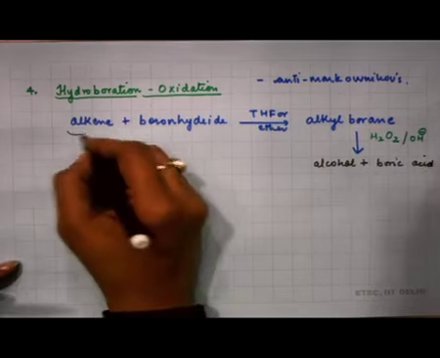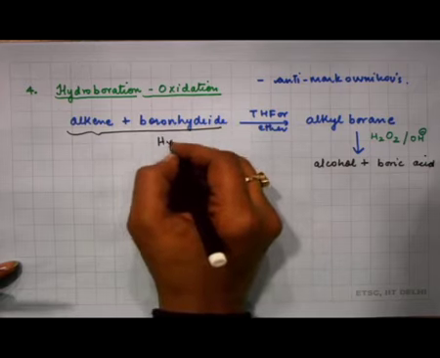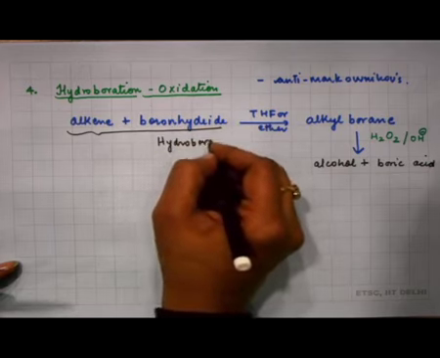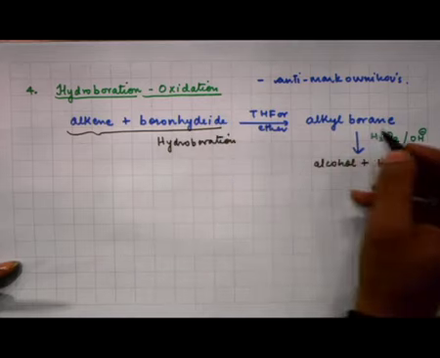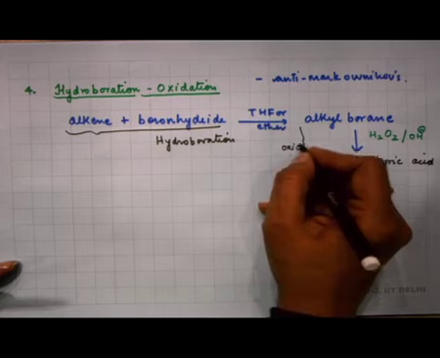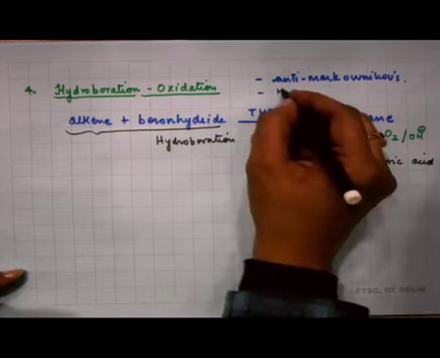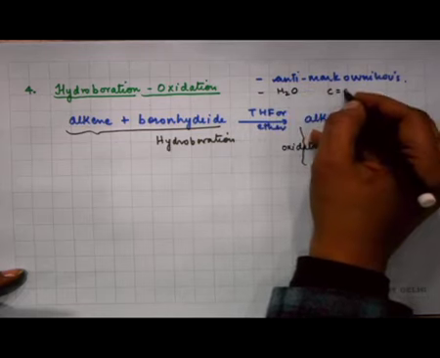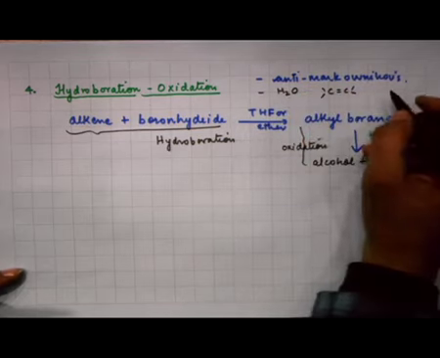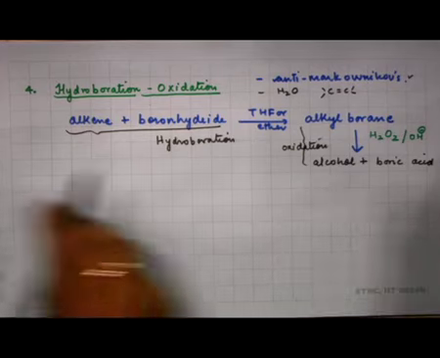So, it has two components: the addition of the borohydride over to the alkene is called the hydroboration, and conversion of this alkyl borane into the alcohol is the step which we call the oxidation, and overall it involves addition of a water molecule across a carbon-carbon double bond to give us an alcohol which is an anti-Markovnikov product. That means we tend to get alcohols which are less substituted.